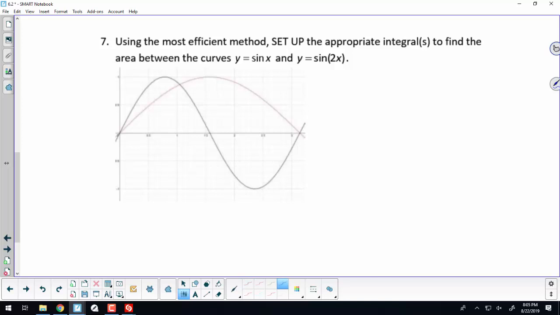Okay, so let me draw this in different colors here. Oops, as close as I can.